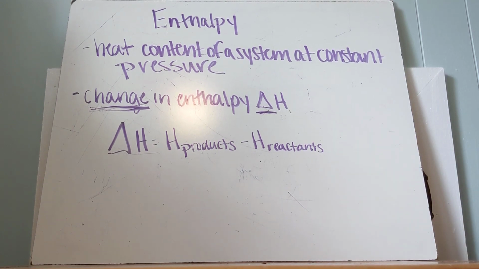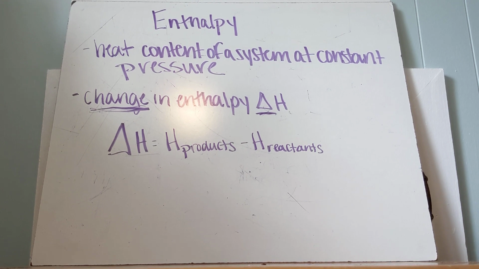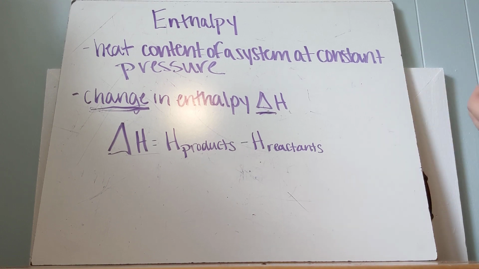So when we're talking about enthalpy, we're going to be talking about things like the heat content of our system, but basically how heat is changing over the reaction. Are we having heat released in the reaction, or are we having heat absorbed in the reaction?